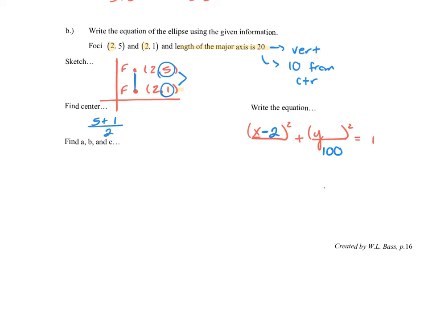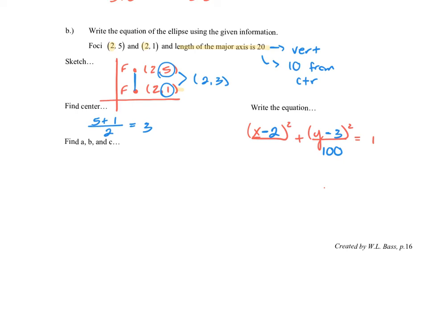My 5 plus 1 is 6, over 2 is going to give me a nice 3. I now know that this center is at the point (2, 3). So I can finish filling in my center. Then the last thing that I need to know is what this horizontal distance is. What I do know for sure is that whatever value goes here has to be smaller than that 100, because this is supposed to be stretched vertically. So it's a good little self-check.